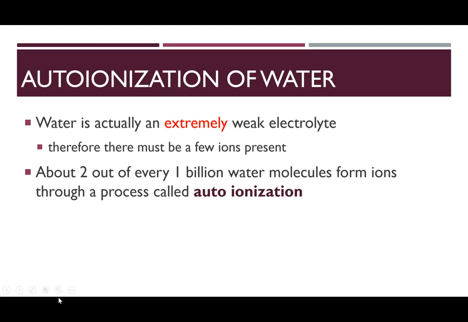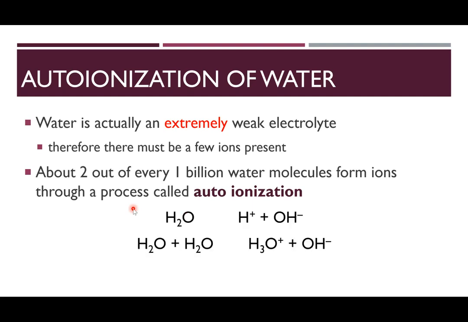What do I mean by extremely weak electrolyte? Well, 2 out of every 1 billion water molecules forms an ion. So it's very, very rare, but it does happen. And because it does happen, it gives us a springboard into this idea of pH.